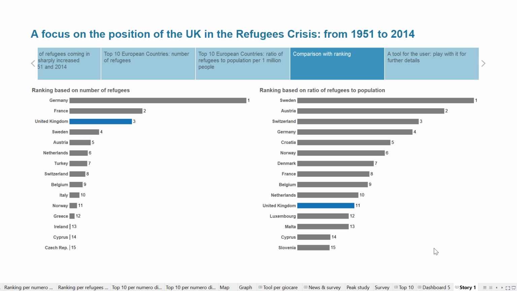The only thing that confused me here is that when I first looked at the titles, it says ranking based on number of refugees, and I assumed the length of the bar represented the ranking, but the length of the bar on the left one is actually the number of refugees, right? The label says the rank number, and there's no axis.